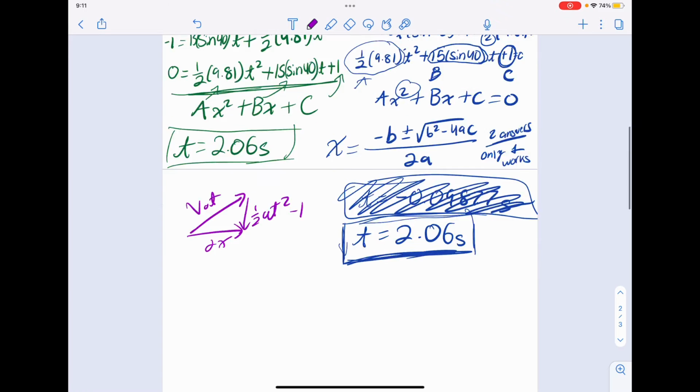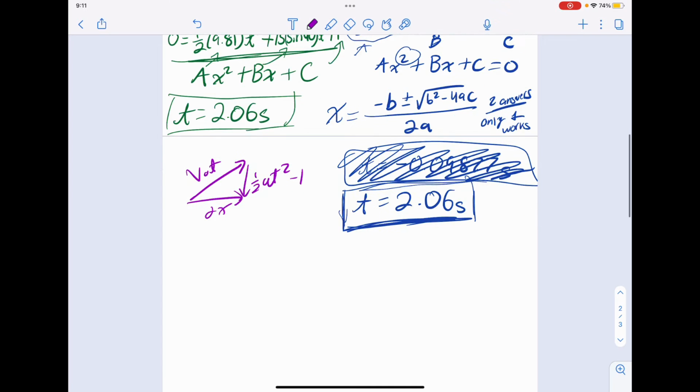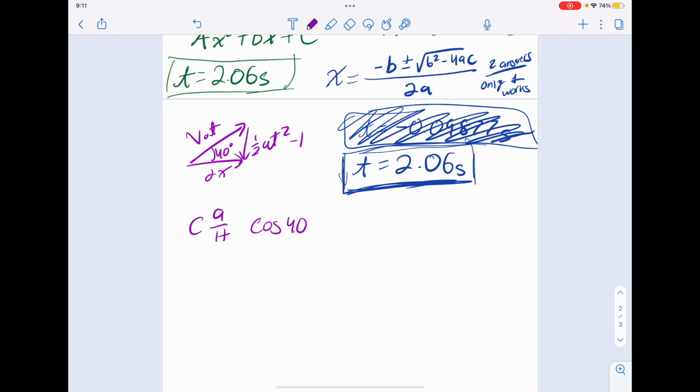In order to solve for our displacement in the x, you can use Pythagorean theorem, you can use multiple different methods, you can use kinematics using components. What I'm going to choose to do is use cosine. Cosine is adjacent over hypotenuse. So cosine of 40 is equal to adjacent, which is dx, over hypotenuse, which is 15 times 2.06.